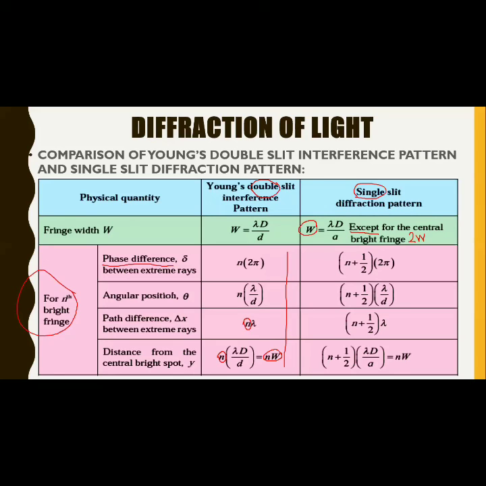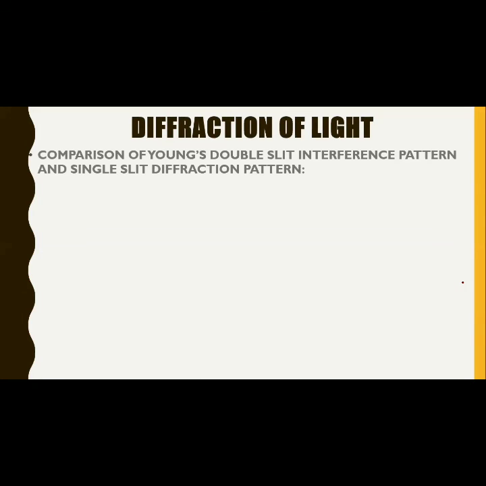If you remember this particular part for bright, then you can just add half and you will get bright for the diffraction pattern. Similarly, we have it for dark fringes as well. For dark fringes, this is the table we have.